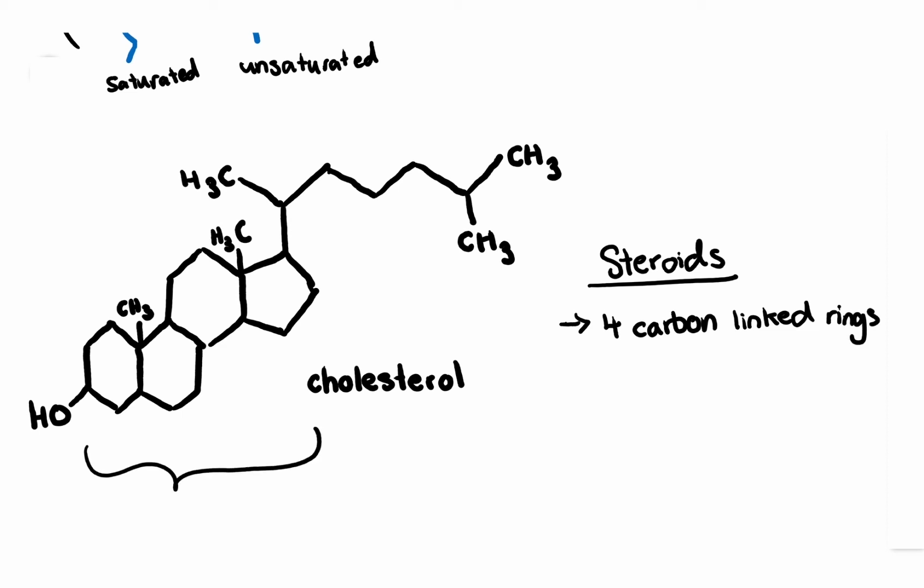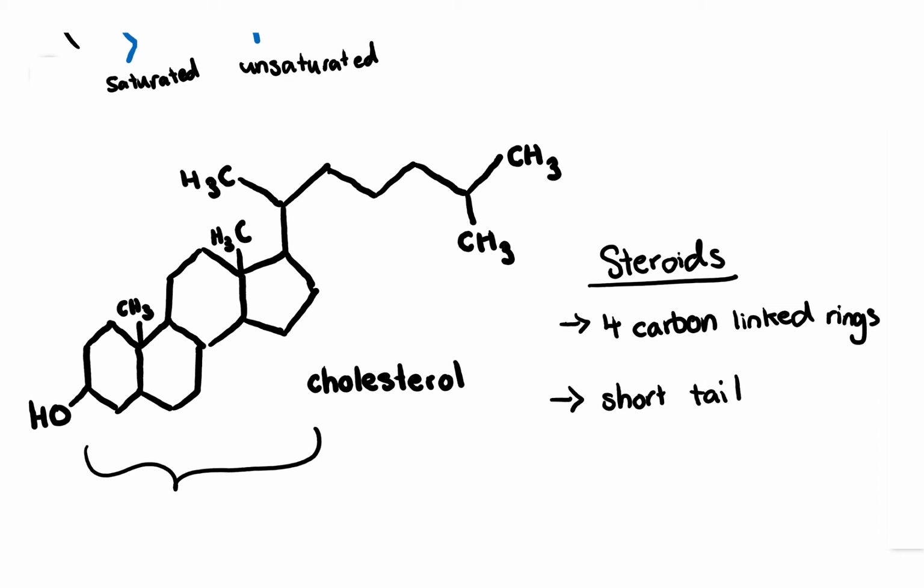And I haven't drawn the carbons in, but you by now should know that these corners are carbons. And then several of them, or many of them, have a short tail. And this tail can be seen here.